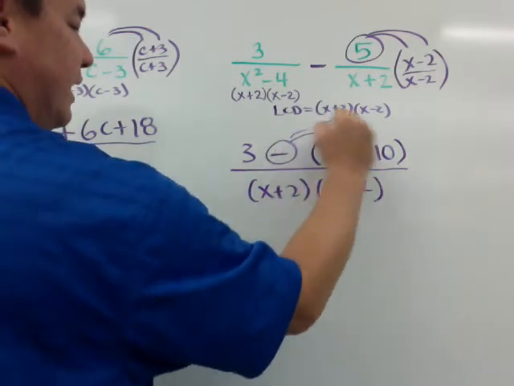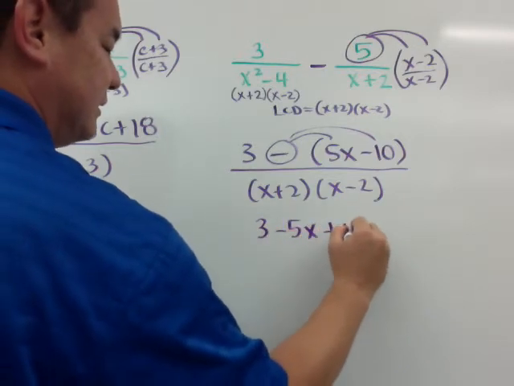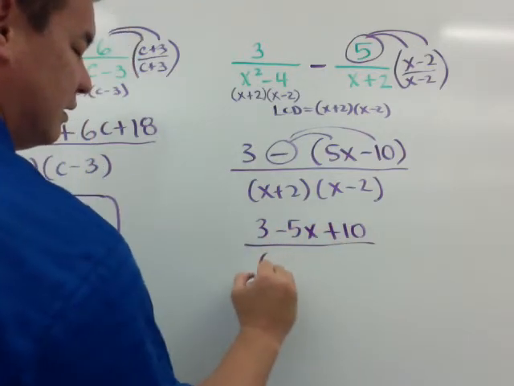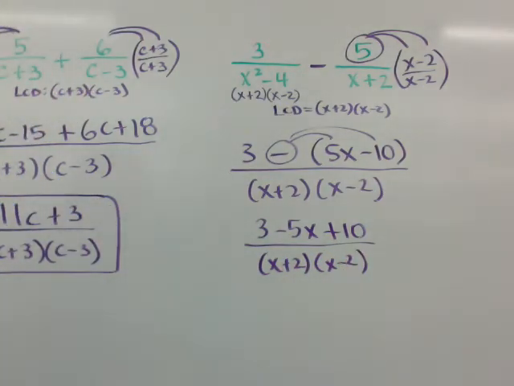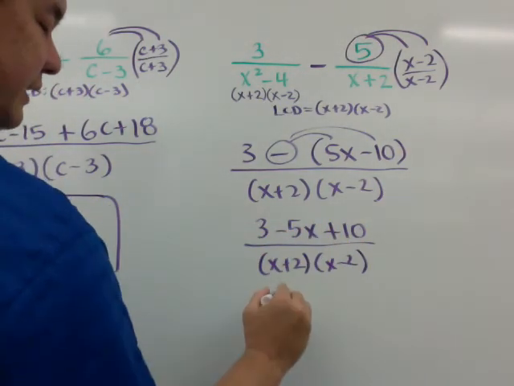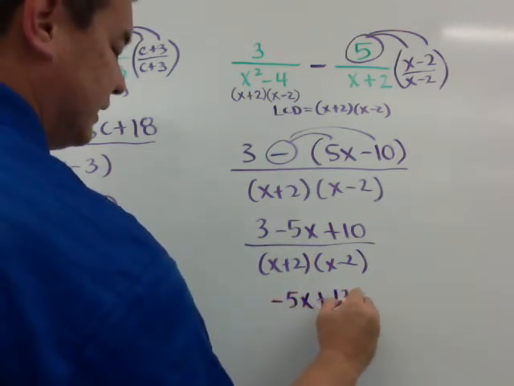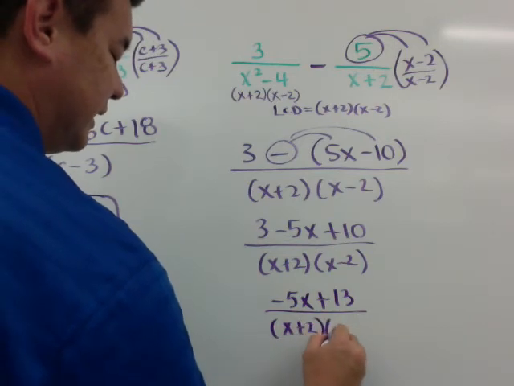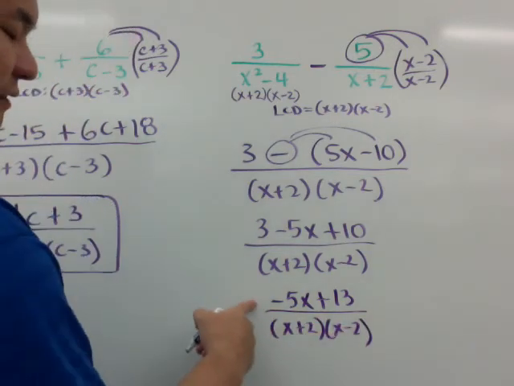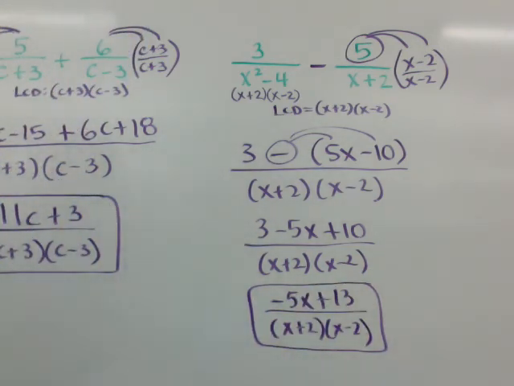And then here's where the negative would come into play. So 3 minus 5x plus 10 over x plus 2 times x minus 2. And now I combine my like terms, the 3 and the 10, so I get negative 5x plus 13 over x plus 2 times x minus 2. And I cannot factor the numerator anymore. And so that's my answer.